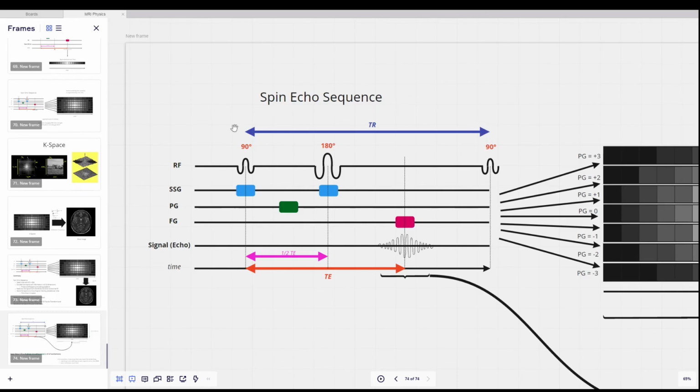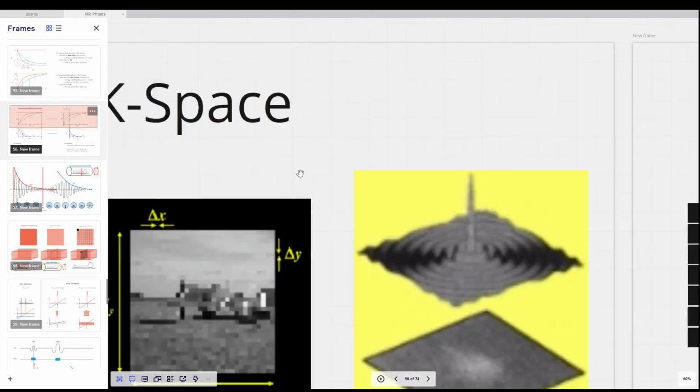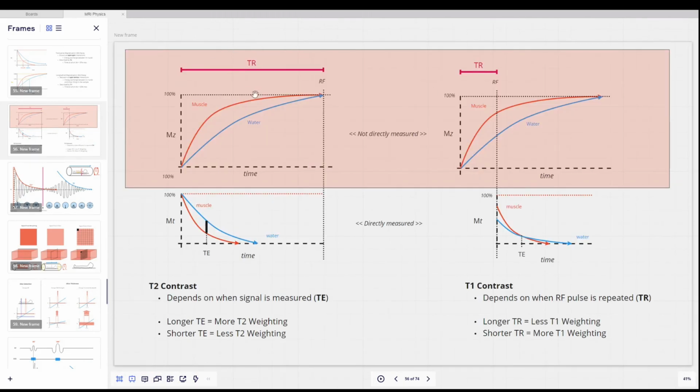TR is how long you wait before running your sequence again. That's the same TR that we talked about before. It's the time between applying your RF pulse initially and then applying it again.